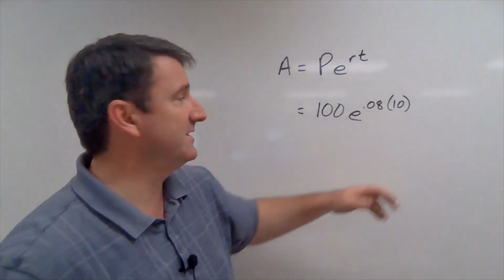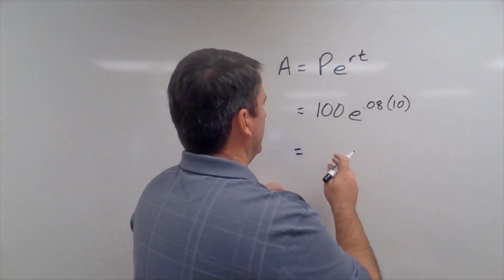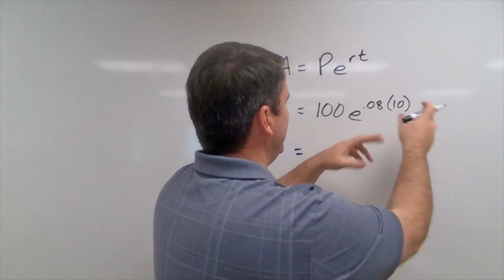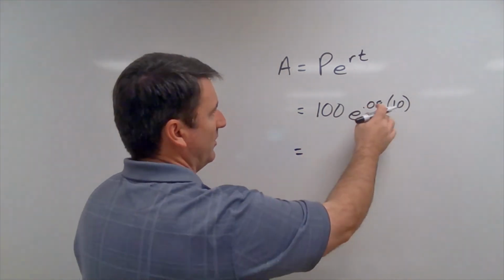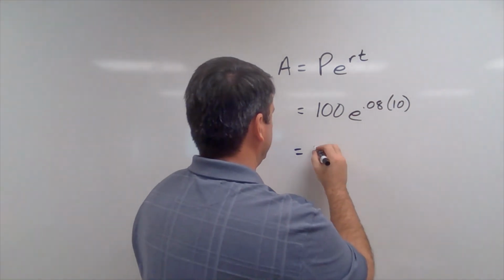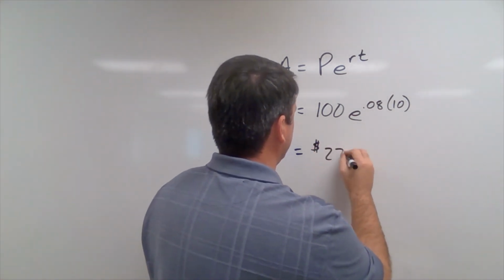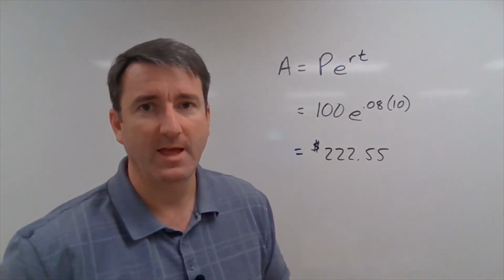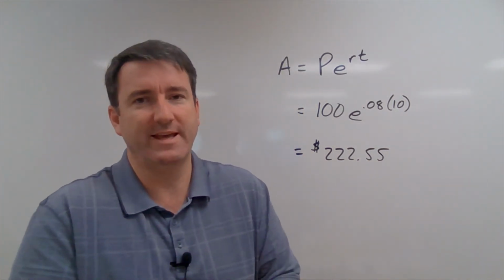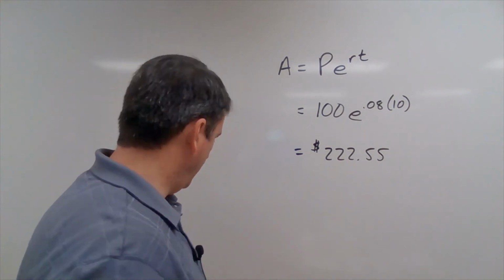So if we plug this into our calculator, 100 times e to the 0.8, that's 0.08 times 10, we're going to get that this is $222.55. So that's how much money we're going to have in the account after 10 years.